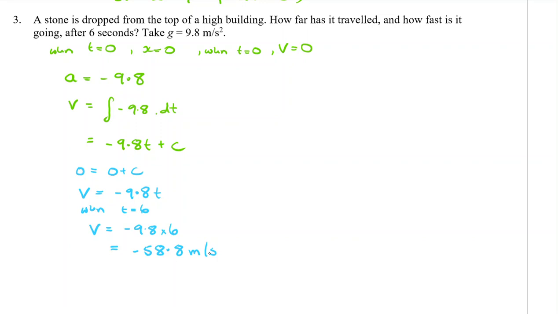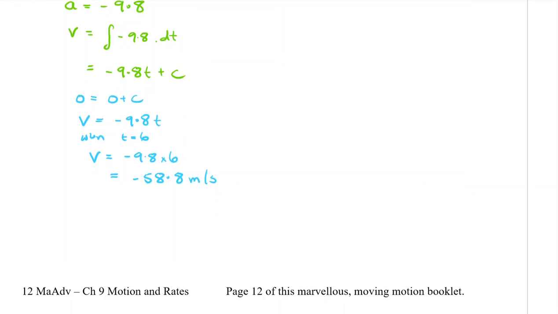So it's 58.8 meters per second down. The minus is telling us it's falling down, which makes perfect sense. It's a rock that's falling. Okay, next, we need to move on to our displacement equation. So x equals, and I want to integrate my velocity equation.